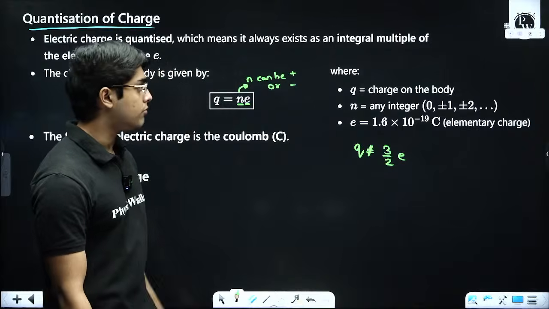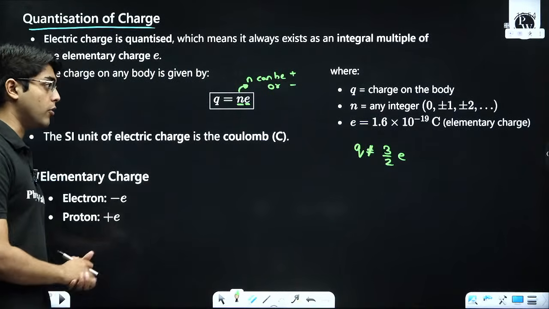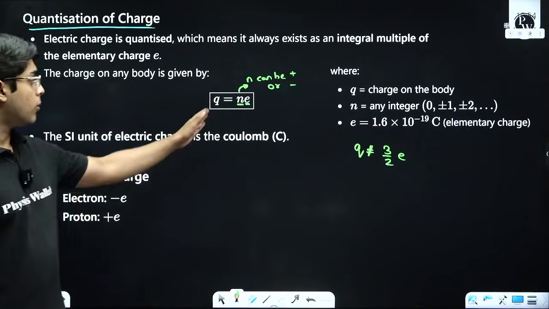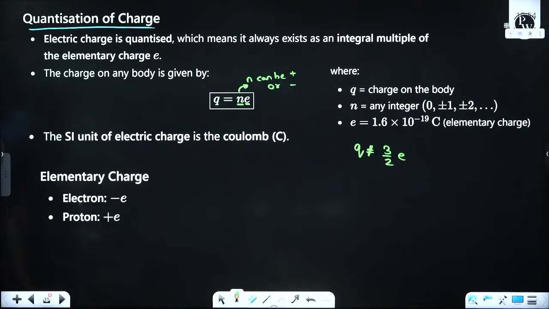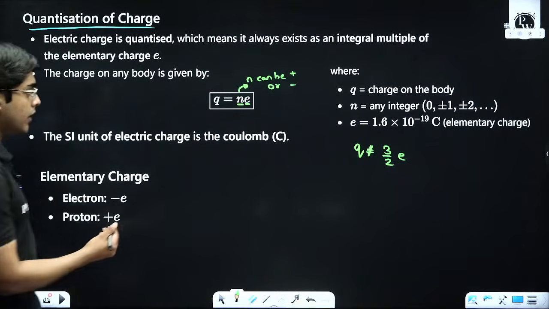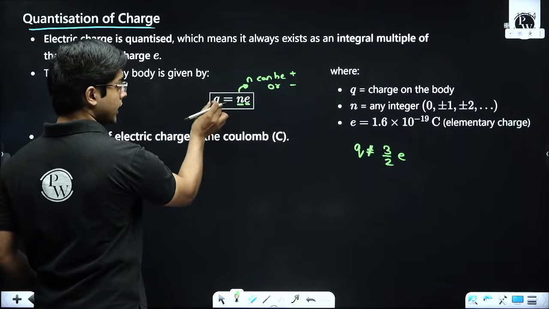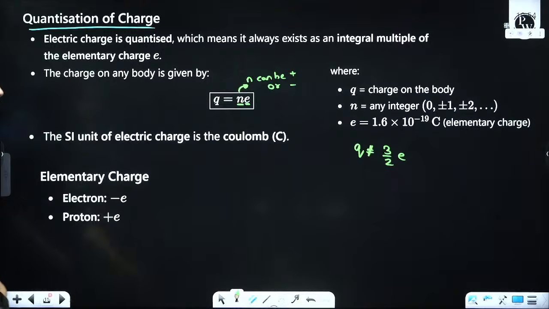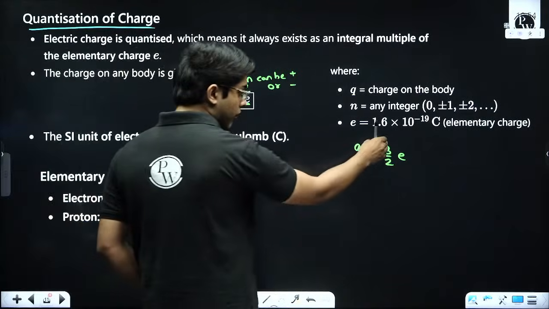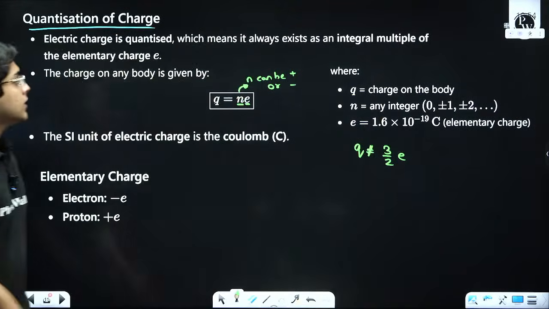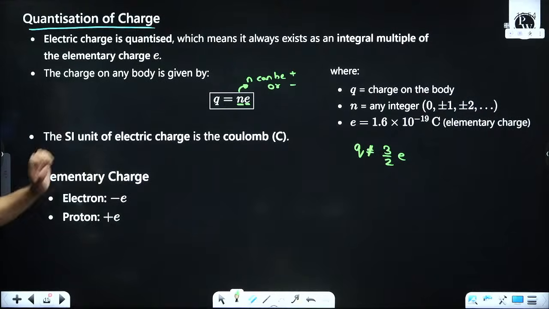You cannot remove a fractional amount of electrons from a body. That must be in the form of some integer. Okay. So that is the idea of quantization of charge. A body can be charged only in Ne amounts. It cannot be charged by a fractional amount of E. So that is basically quantization of charge.